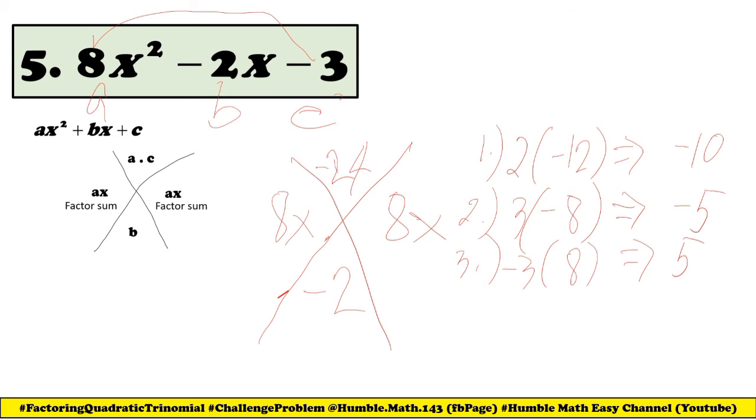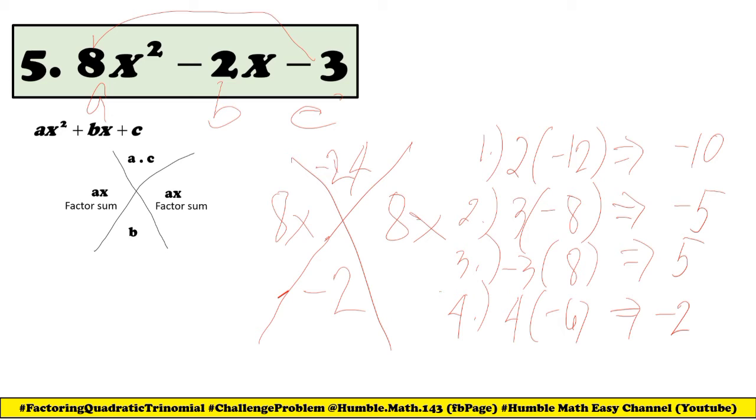Okay, we are still looking, we are going to exhaust everything, for factors with a product of negative 24 such that the sum of the factors should be negative 2. So we have 4 and negative 6. So its sum is negative 2.